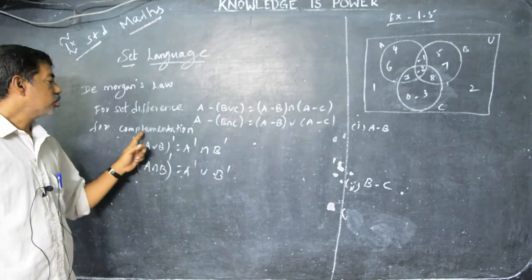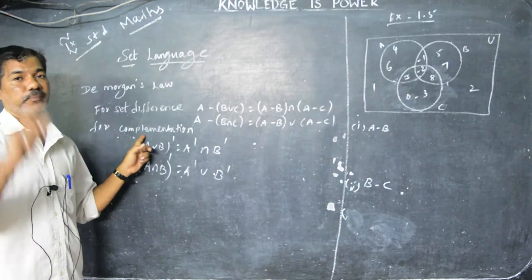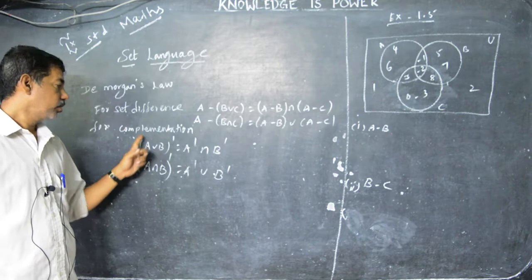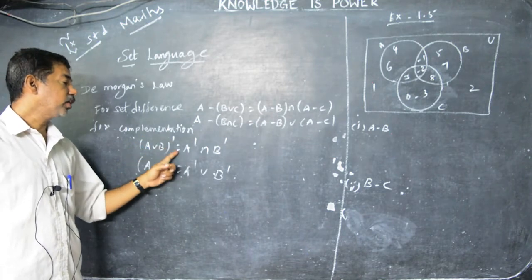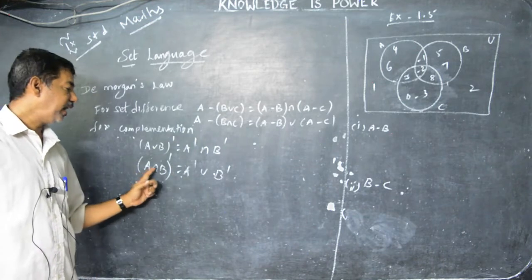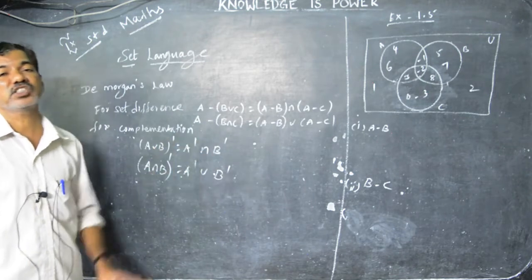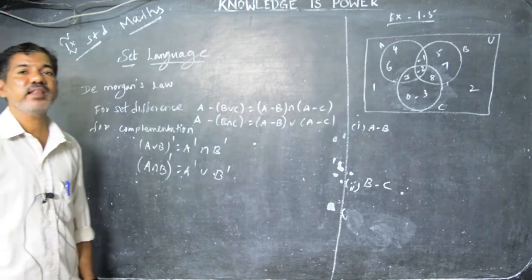This one is De Morgan's law for complementation. Complementation: (A union B) dash equals A dash intersection B dash. Likewise, (A intersection B) dash is equal to A dash union B dash. Can you identify this?